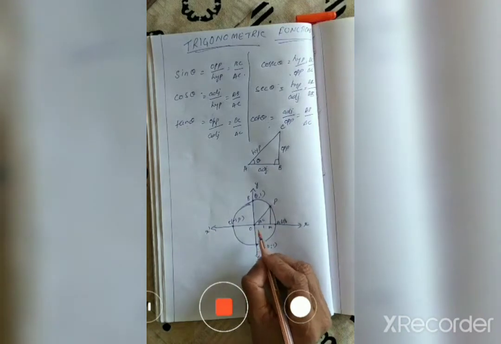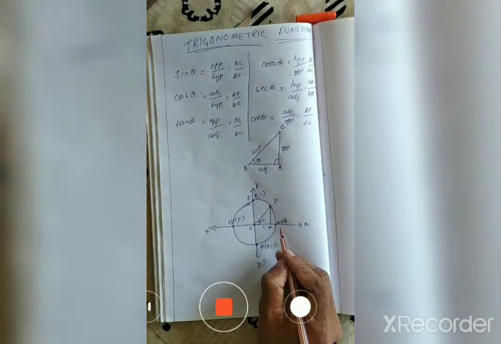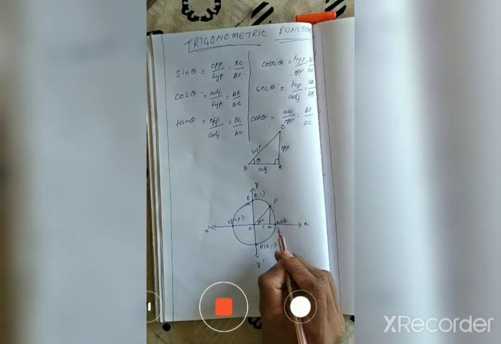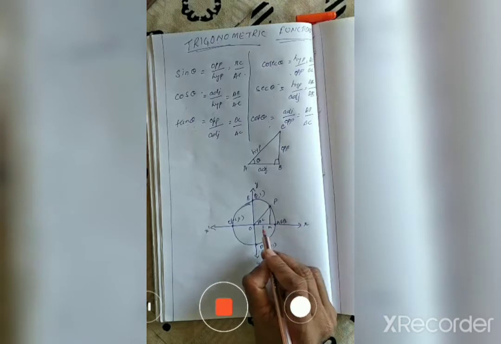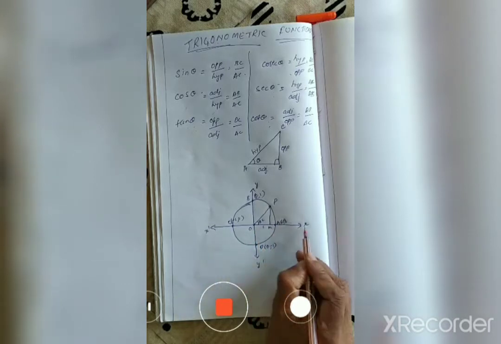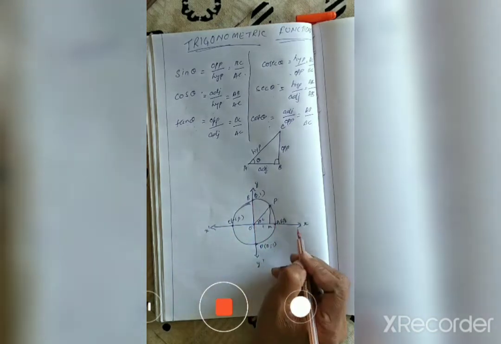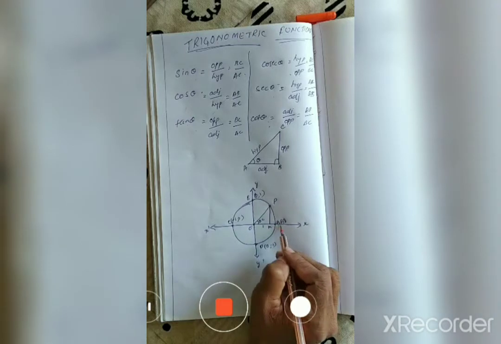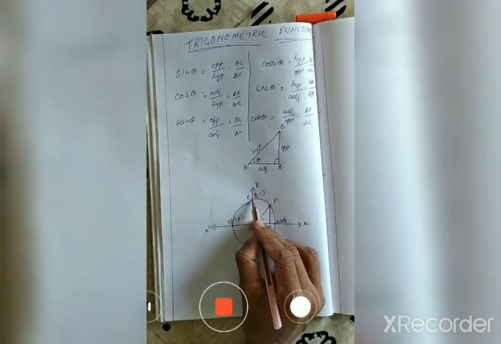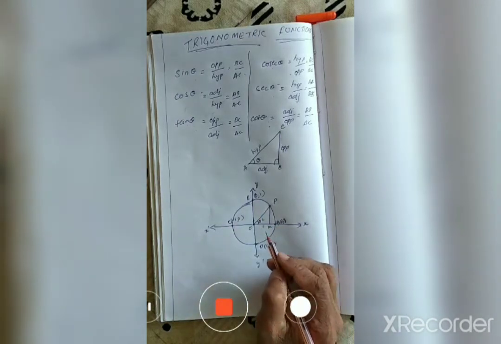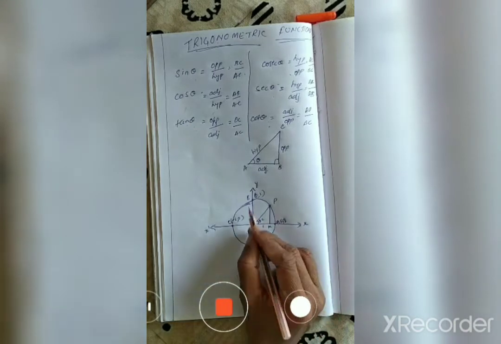Now, if you consider the angles, for A there is no angle, so this angle is considered as 0 degrees as well as 0 radians.